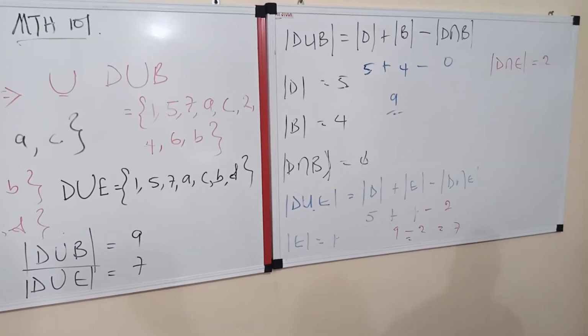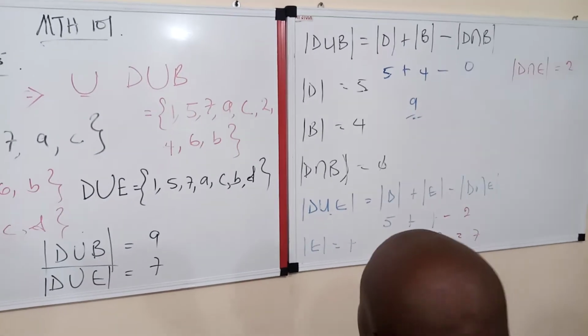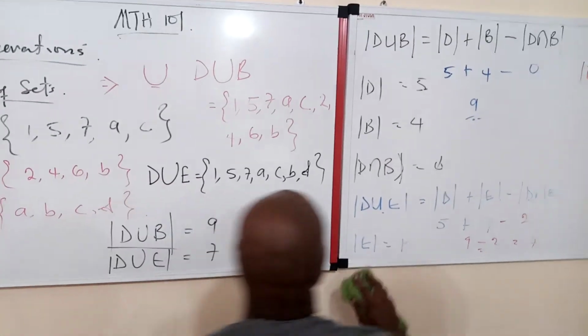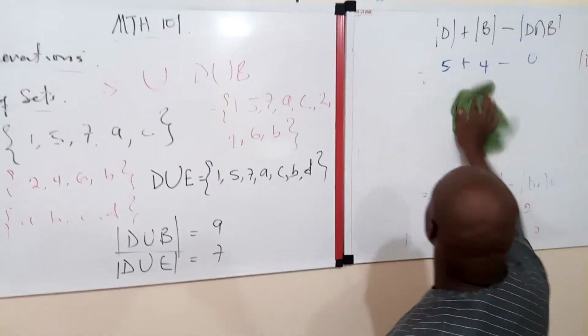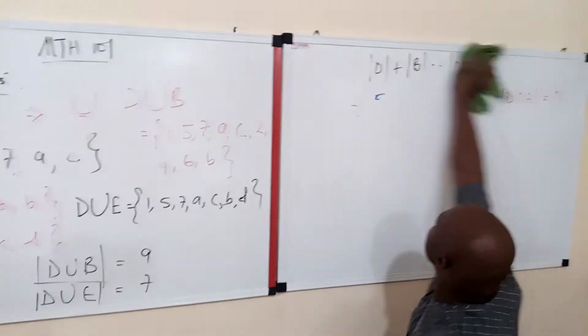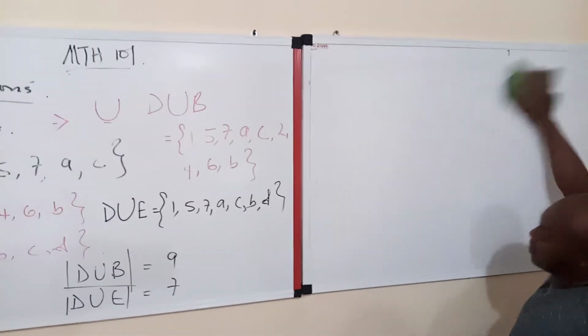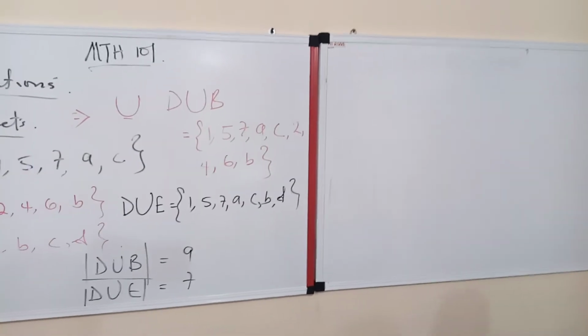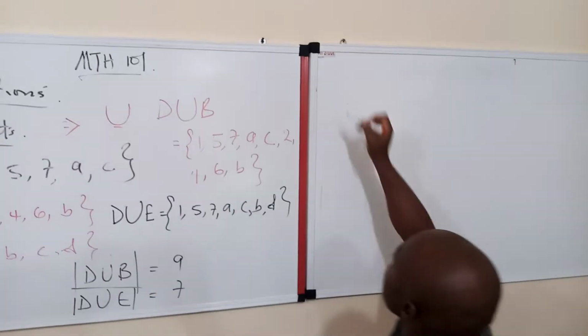Now this you can also do in the case of 3 sets. How do we do that? It's also straightforward.